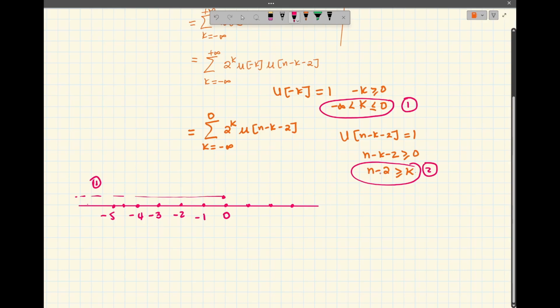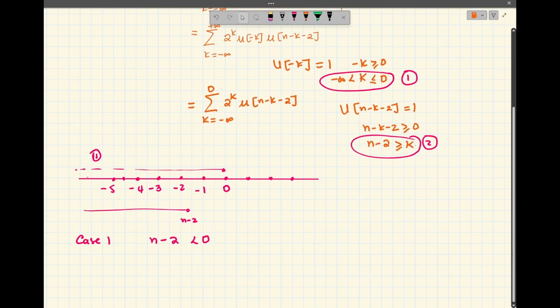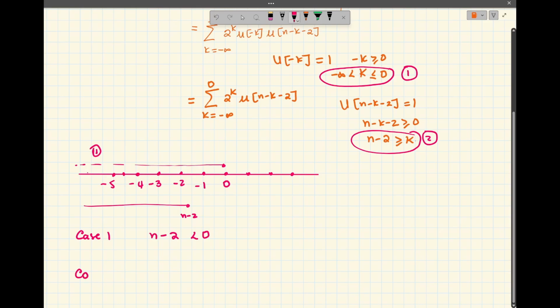And for condition 2, that depends on n. So we might have this scenario where we are somewhere here. So case 1, we have n minus 2 is less than 0. And case 2, when n minus 2 is bigger than or equal to 0.